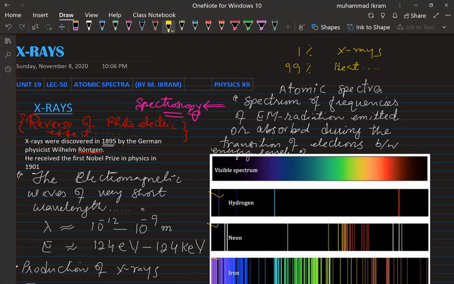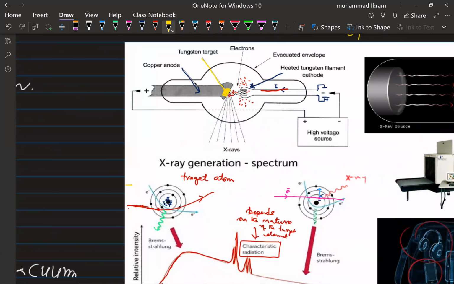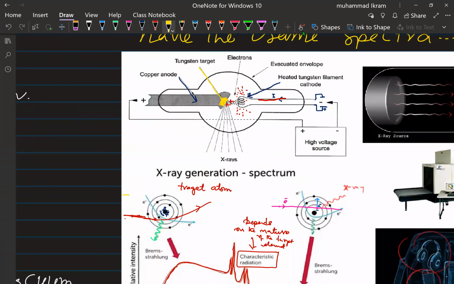This is why, as I told, the copper is a good conductor of heat, so it extracts heat from the tungsten filament. This can be done in various ways also, and then it is cooled by using oil of very high specific heat. They remove the heat from the tungsten filament so that burning could be avoided.